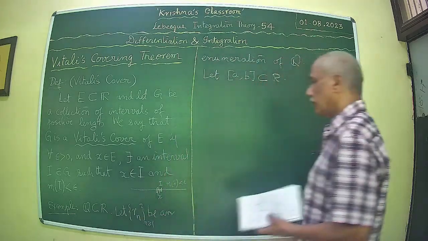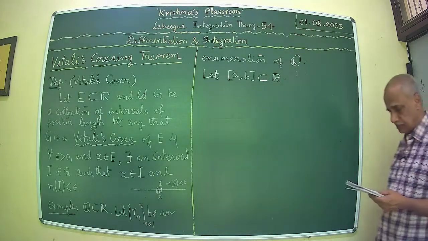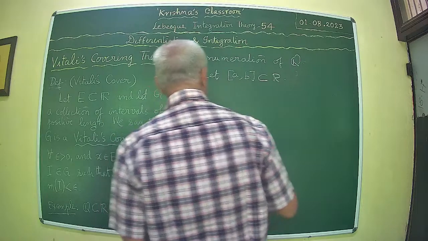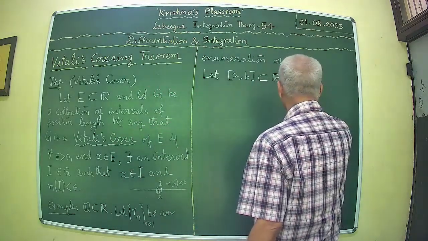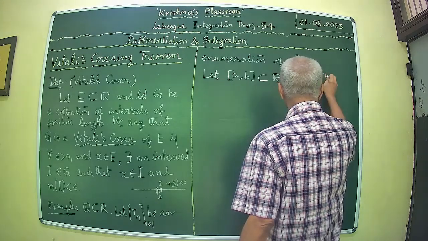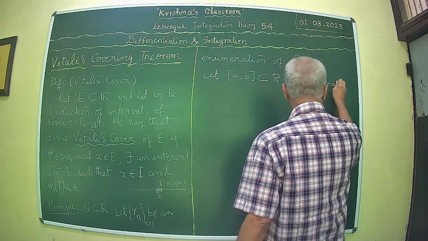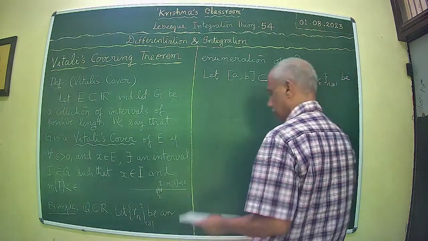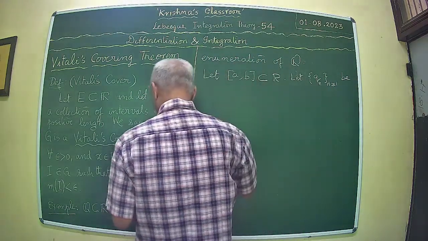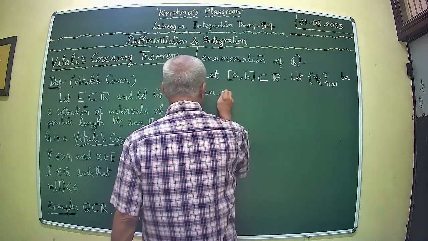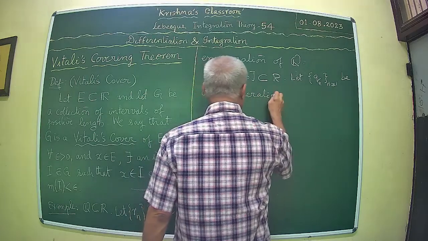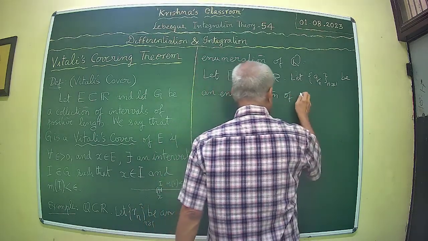It's a bounded interval that you are talking about. And let me take an enumeration of rationals.